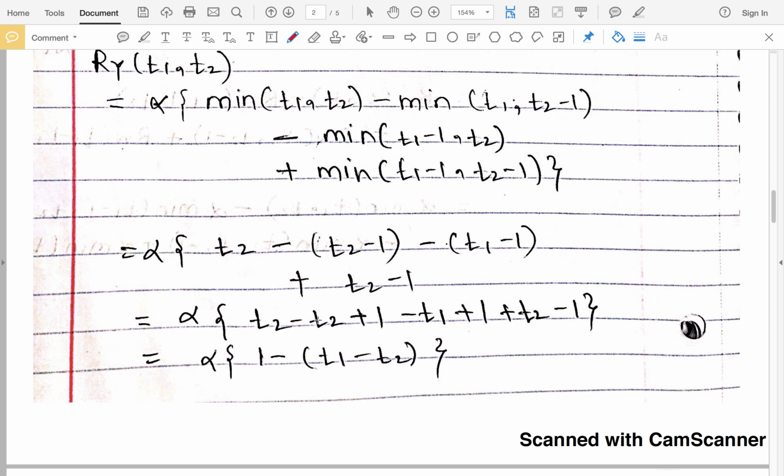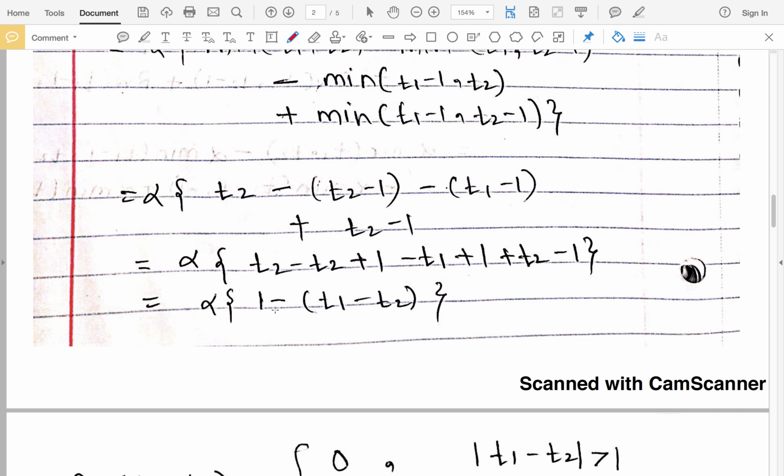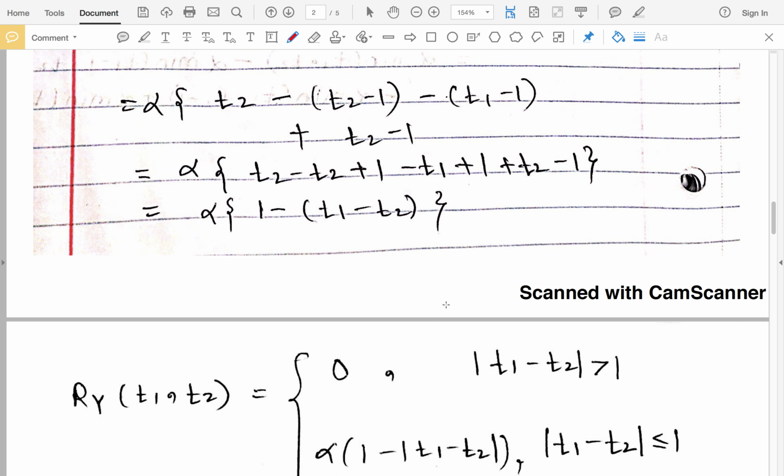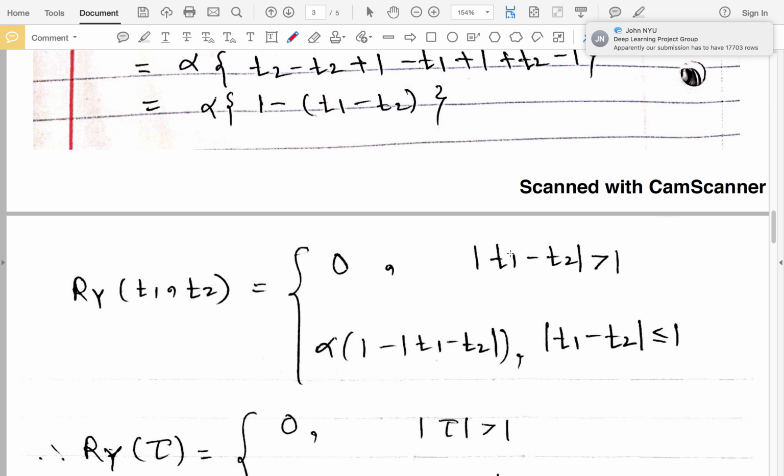Doing the subtractions, t2 minus 1 cancels out, and 1 cancels this 1, so we get minus t1 plus t2 plus 1. This can be written as alpha times 1 minus the bracket t1 minus t2.